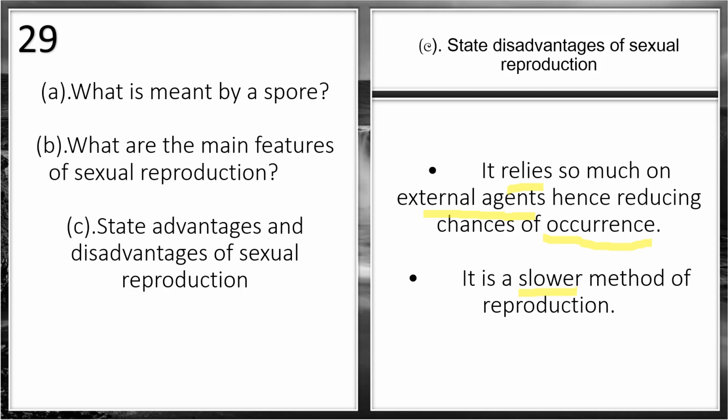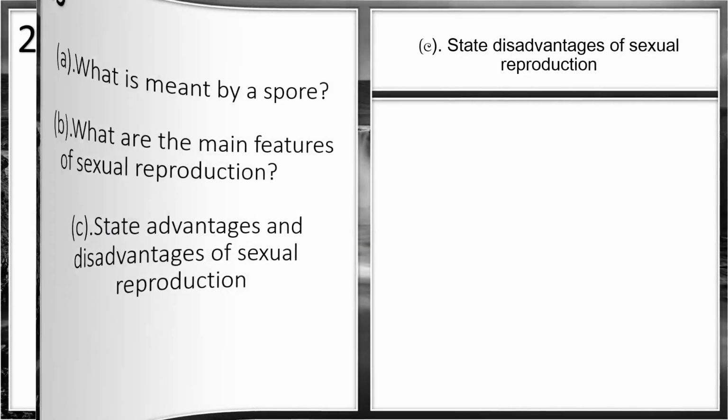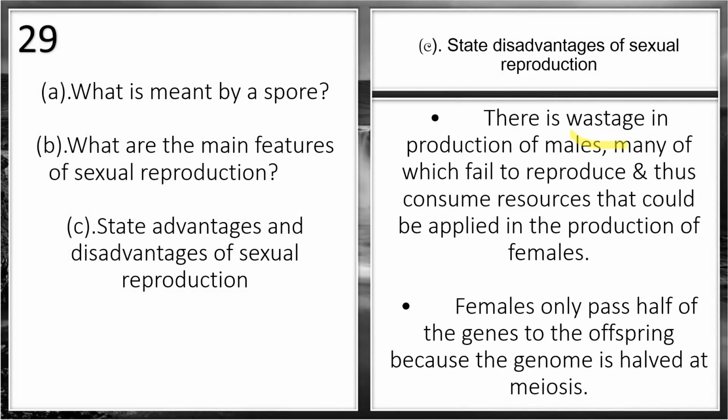It is a slower method of reproduction. There is wastage in production of males, many of which fail to reproduce and thus consume resources that could be applied in the production of the females. Females pass half of the genes to the offspring because the genome is halved at meiosis.